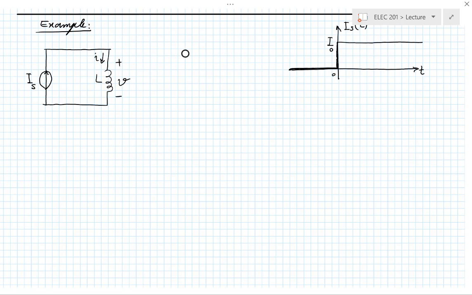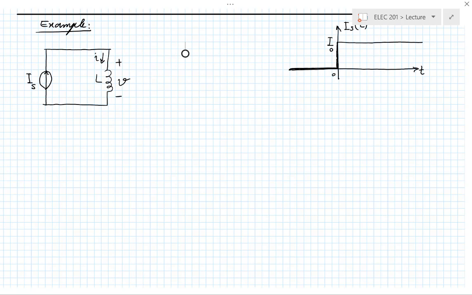So now let's see what happens in this circuit. What is the behavior of V and I? Well, I is the same as IS, but what's the behavior of the voltage across the inductor in this problem? Okay. Well, how do I solve this problem?